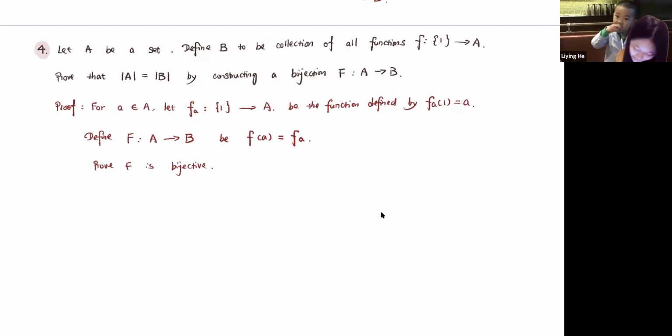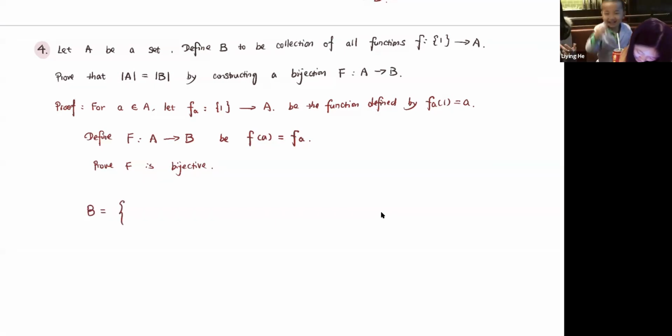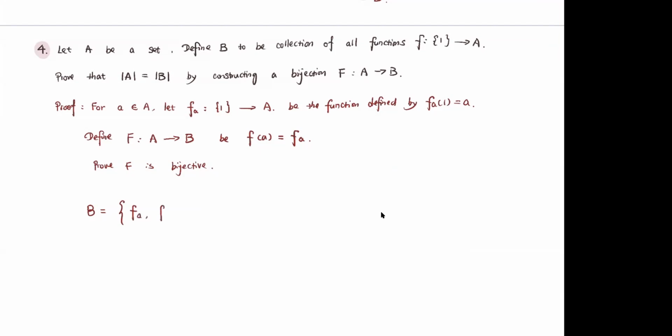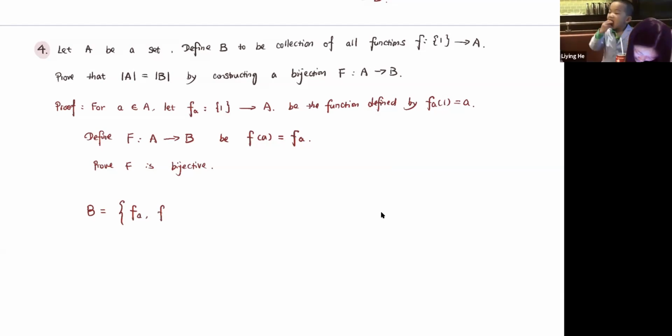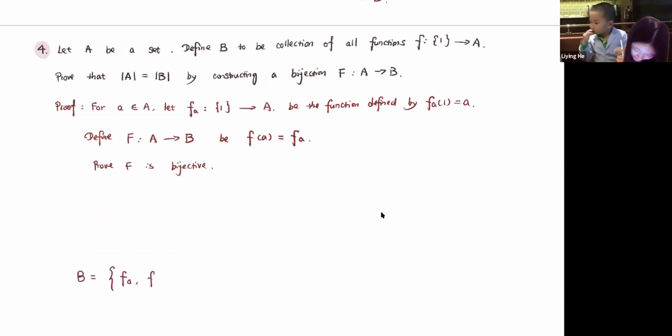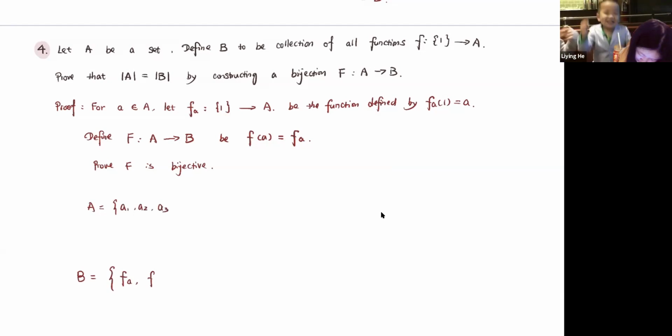B is a collection of functions. So in this case, I'm doing that f_a. Let's write this instead. Suppose your A is something like A1, A2, A3.